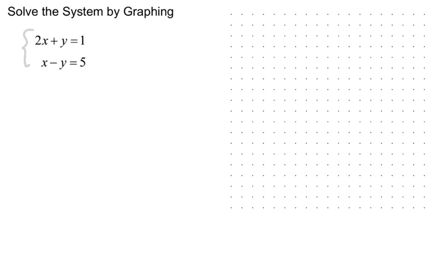So let's deal with graphing each of these equations. I'll first deal with my first equation. In order to graph it, I want that to be y equals. So I have y equals negative 2x plus 1.